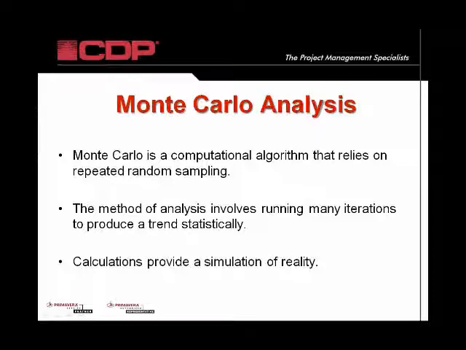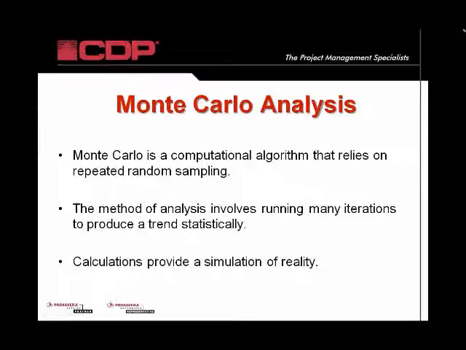So we're taking that same concept and applying it to an estimate or a schedule. When we come up with our schedule, we may say, we thought it was 20 days. We can put some variability around that, and when we run that simulation, we can get a feel for what our schedule is going to do in realistic conditions. So all we're really trying to do is simulate reality.